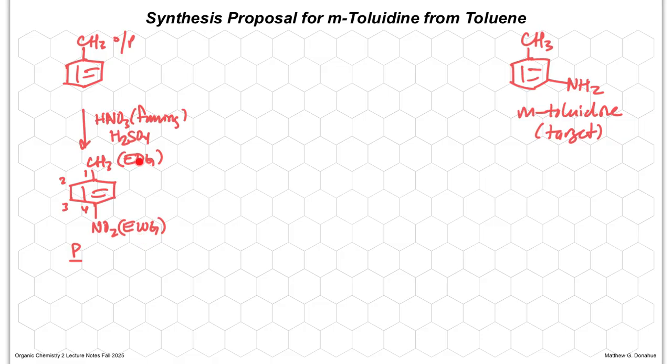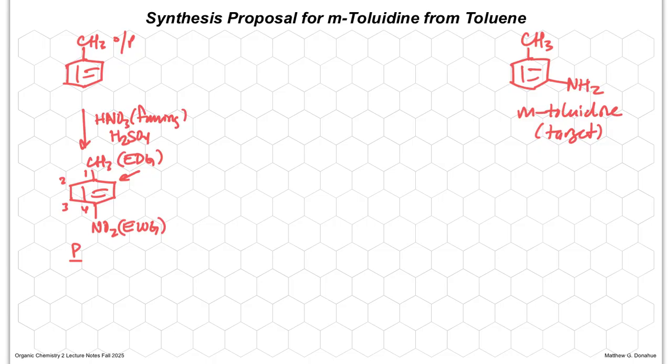Methyl is induction, so resonance will always win. So the next substituent would go there, and we don't want that. We want the meta relationship in the target.